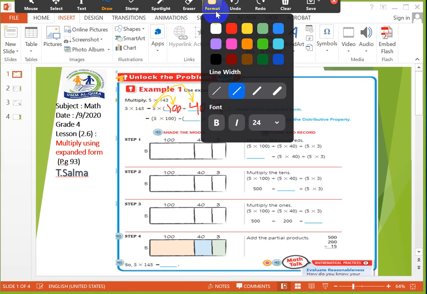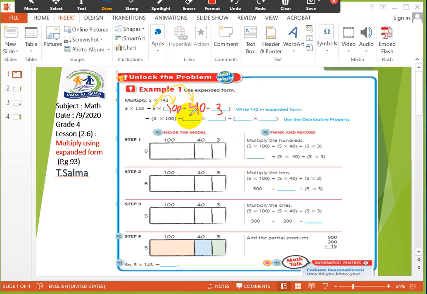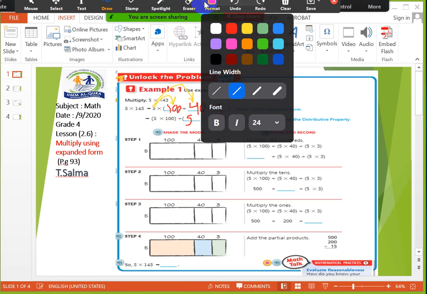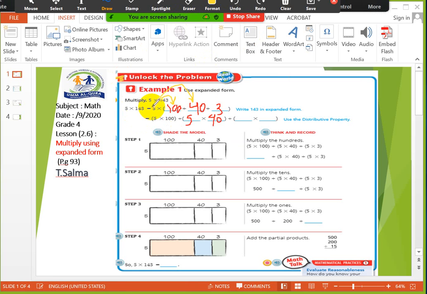Let me write it again for you. I will multiply the 5 with 40. Then I will multiply the 5 with the number in the ones digit, which is 3. So I will multiply 5 with 3.